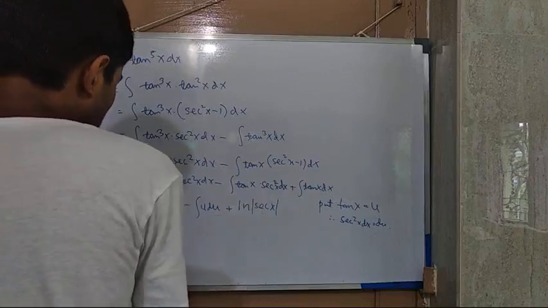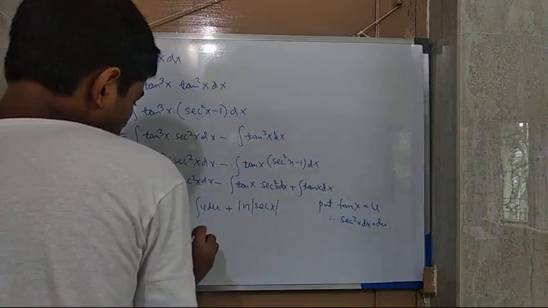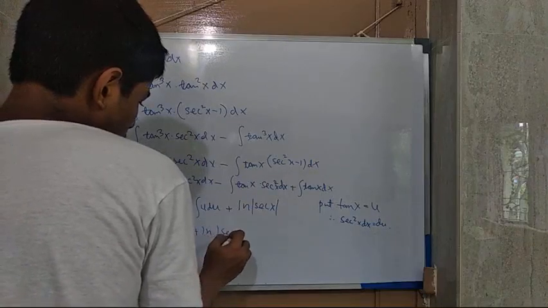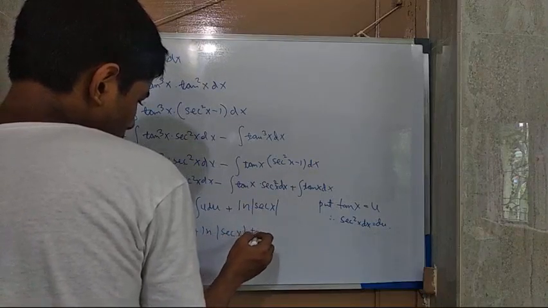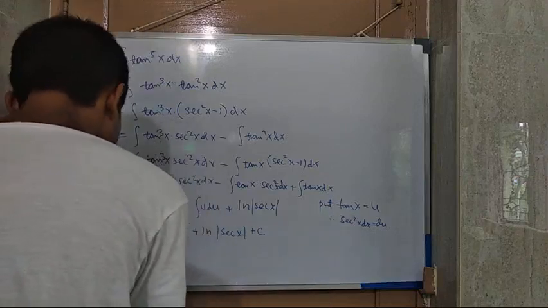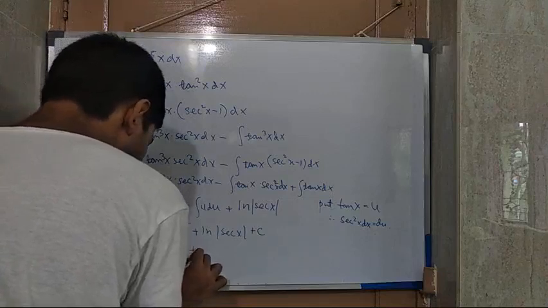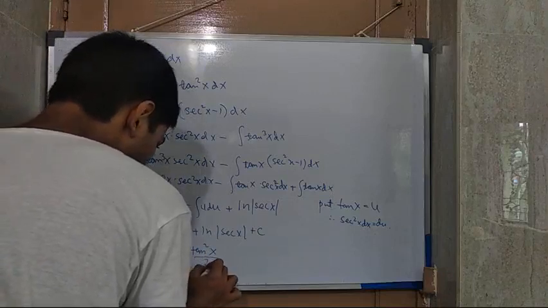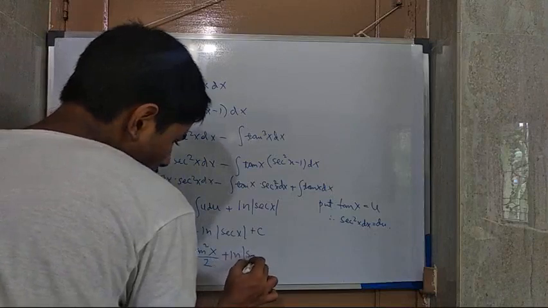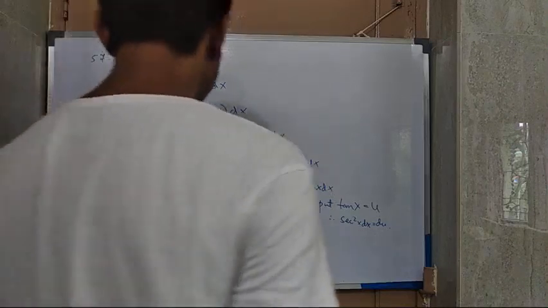So this is actually u to the power 4 by 4 minus u square by 2 plus ln of sec x plus c. So our u was tan x, so this is tan to the power 4x by 4 minus tan square x by 2 plus ln of sec x plus c. So this is our 57th question.